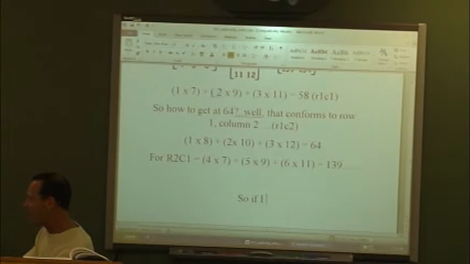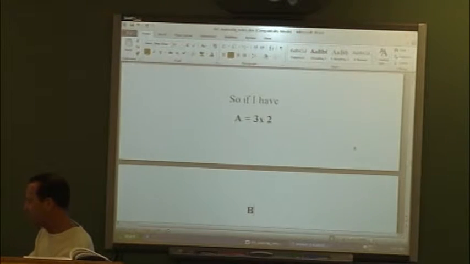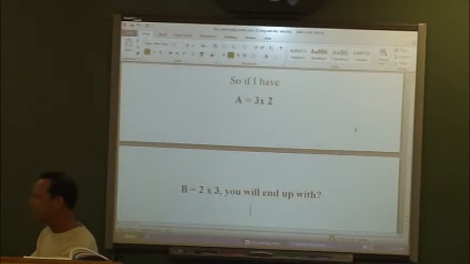So if I have A equals 3 by 2 and B equals 2 by 3, which means they're conformable, you will end up with a 3 by 3.